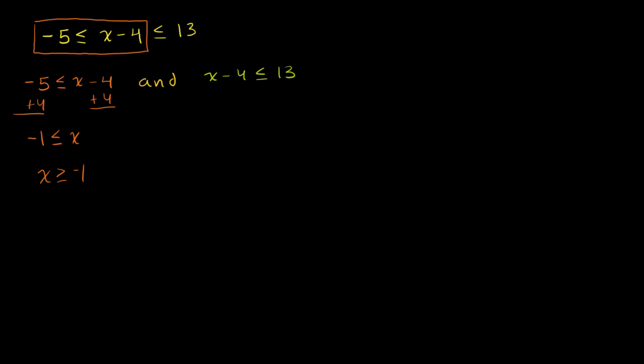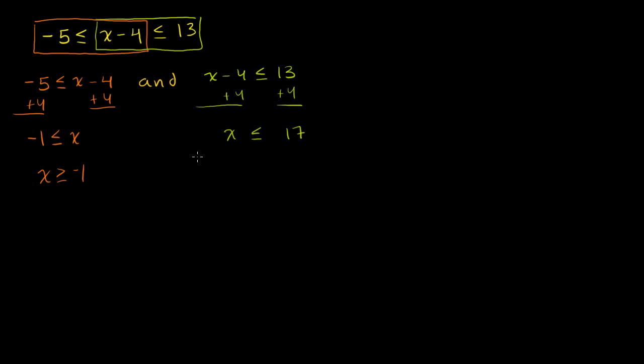Now let's do this other condition here in green. Let's add 4 to both sides of this equation. The left-hand side, we just get an x. And then the right-hand side, we get 13 plus 4, which is 17. So we get x is less than or equal to 17.